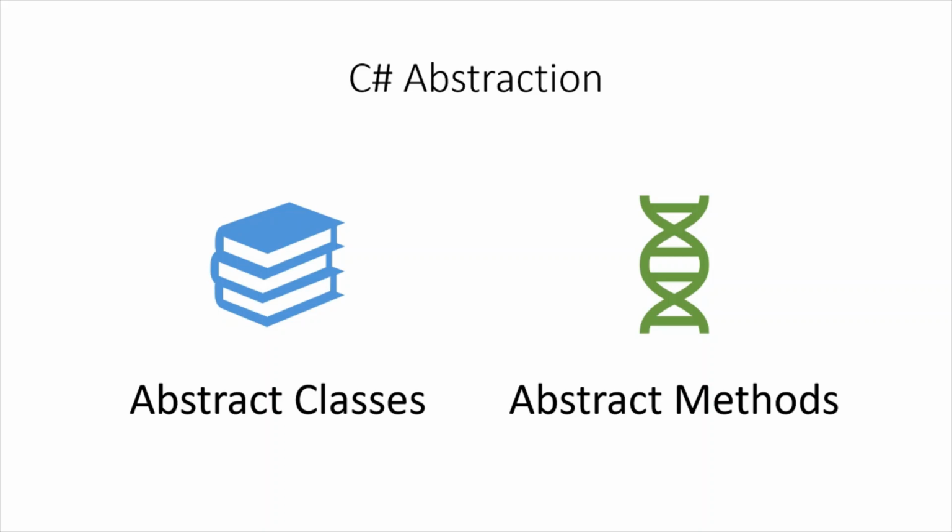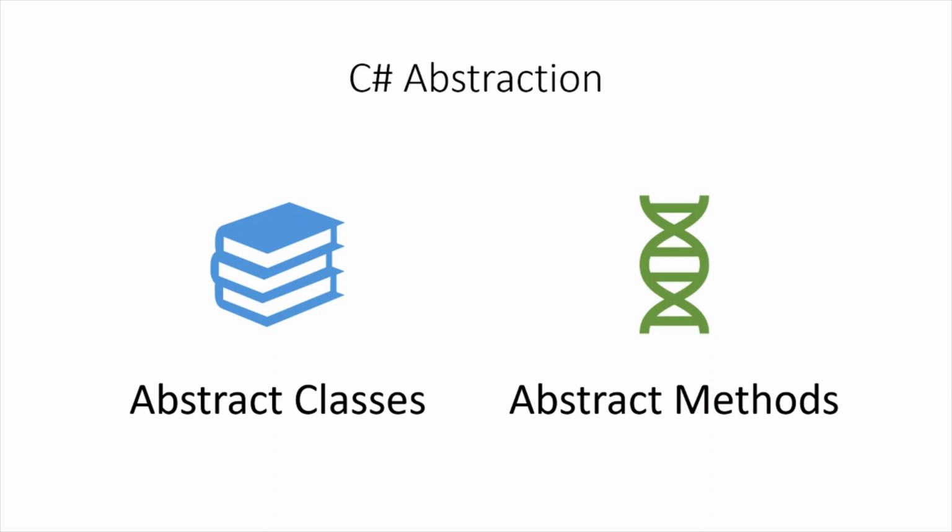Data abstraction is the process of hiding certain details and showing only essential information to the user. Abstraction can be achieved with either abstract classes or interfaces. We will talk about interfaces in the next slide. The abstract keyword is used for classes and methods, so you can create a class as an abstract class, or a method as an abstract method.